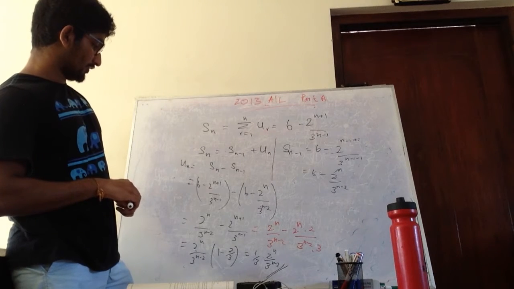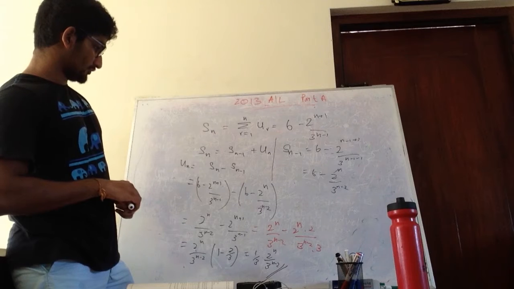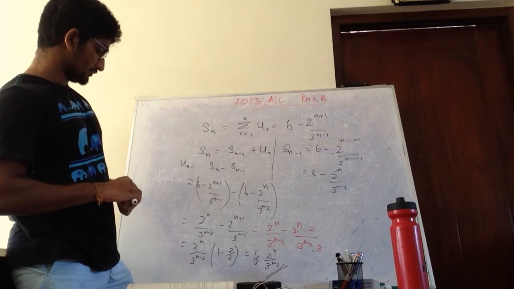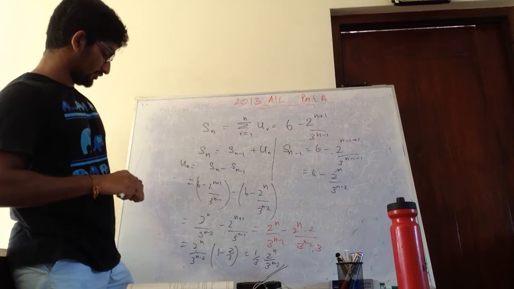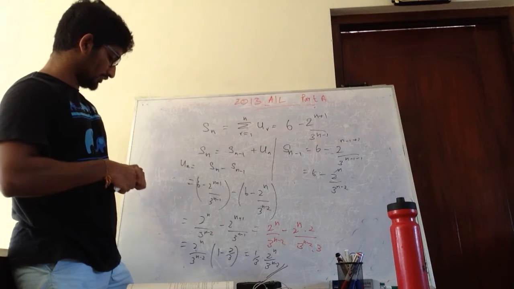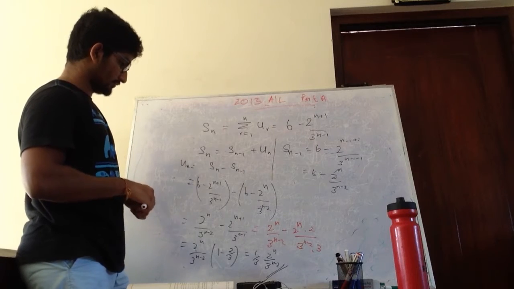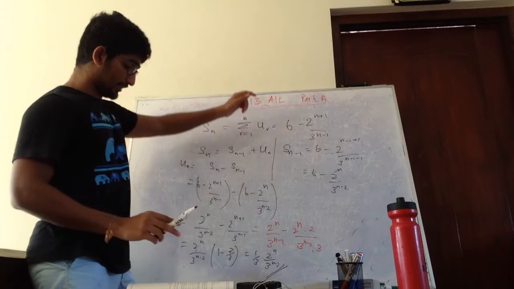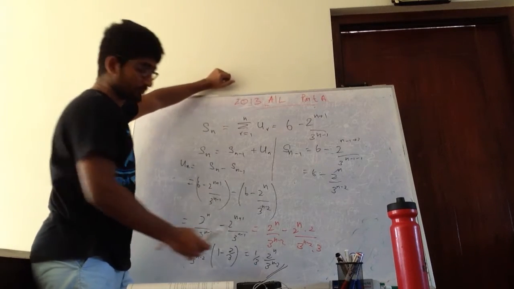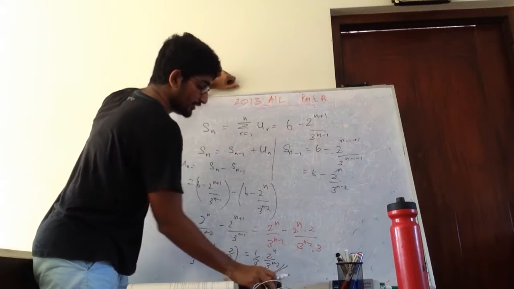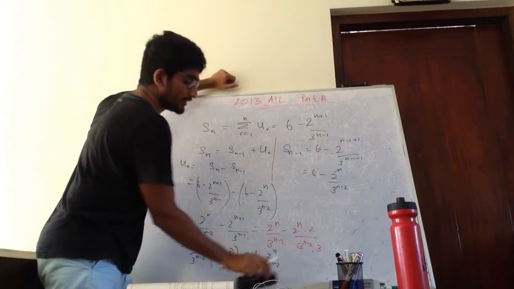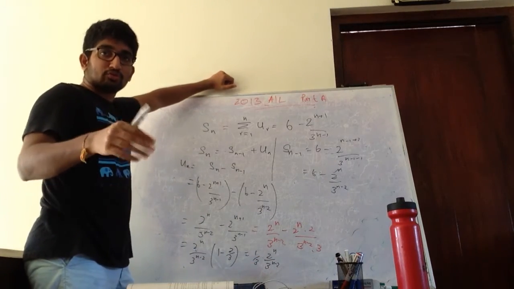Sorry, wait a minute. Yeah, exactly. So basically, what you can do is you can even add this up as well, right? So this is an answer, right? So this is an answer.